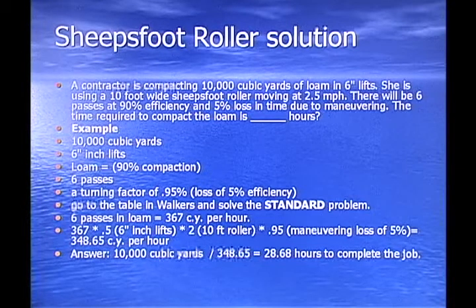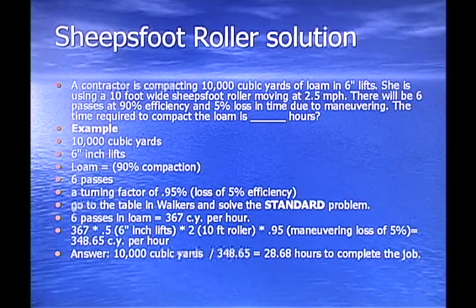So in your example, you've got 10,000 cubic yards, 6-inch lifts, 90% compaction, 6 passes, a turning factor of 0.95 or 5% loss of efficiency. So we go to Walker's and solve the standard problem. 6 passes in loam is 367 cubic yards an hour. 367 times 0.5 because we're using 6-inch lifts, times 2 because we have a 10-foot wide roller instead of a 5-foot wide roller, times 0.95 because we've got a 5% maneuvering loss, gives us 348 cubic yards per hour that we're going to be compacting.